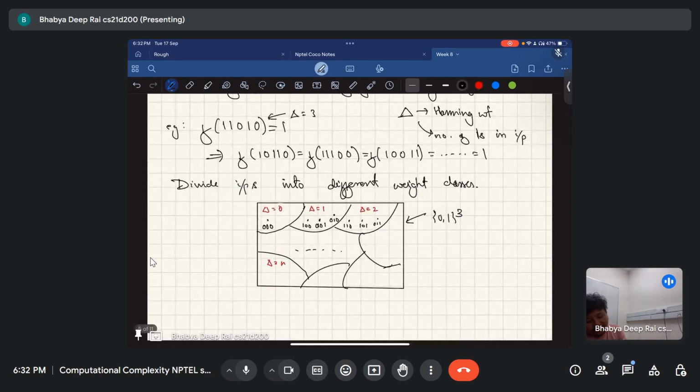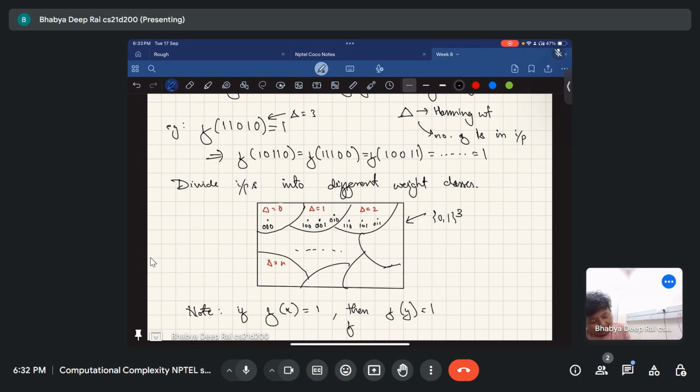So note the following. If f of x is equal to 1 for some x, then f of y is also equal to 1 for any y in the same weight class as x.